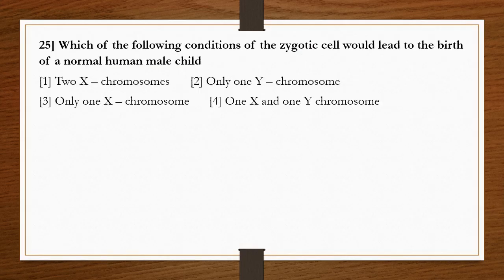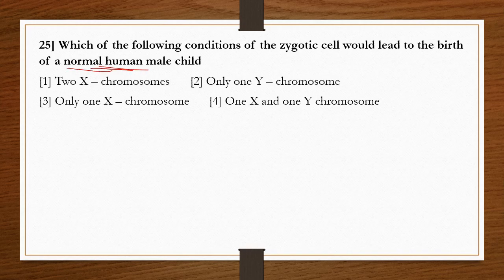Question number 25. Which of the following conditions of zygote cell would lead to the birth of a normal human male child? Normal human male child.